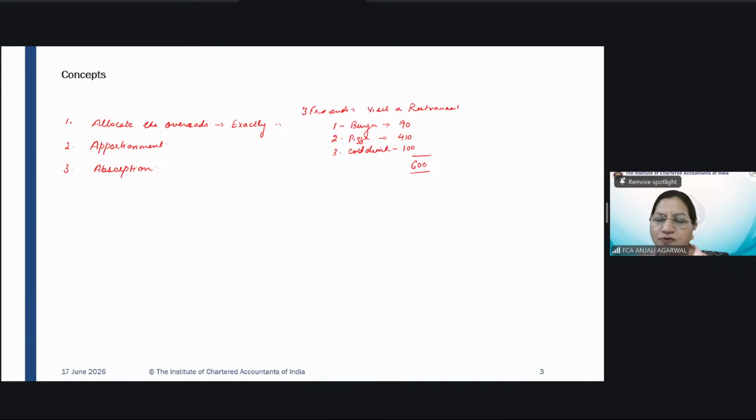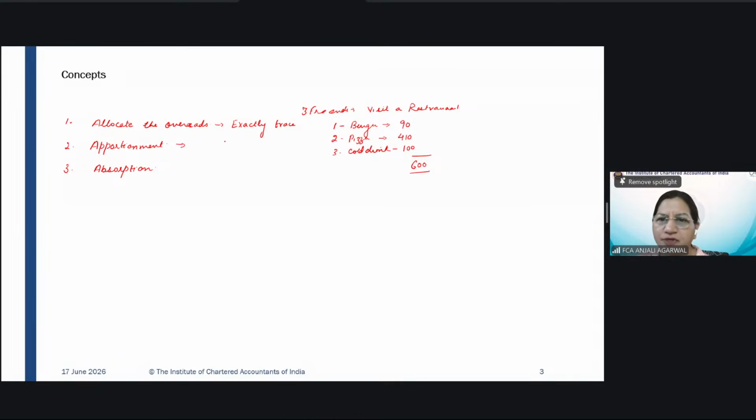So if you know exactly what you have ordered and what you have consumed, this is how you share the bill, that is 90, 410, and 100. Whatever you've consumed, you're paying for that. That is allocation. This will exactly trace the overhead cost to the product.